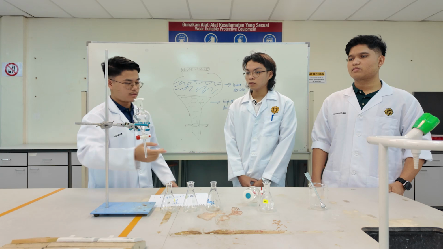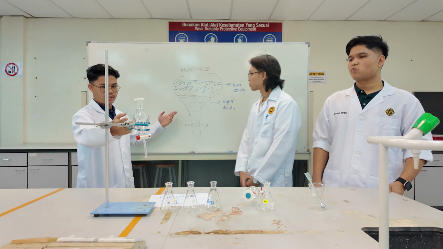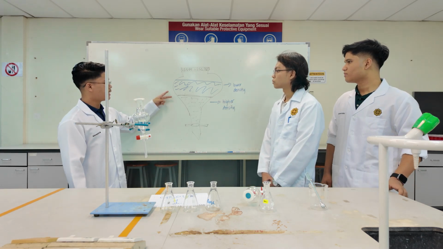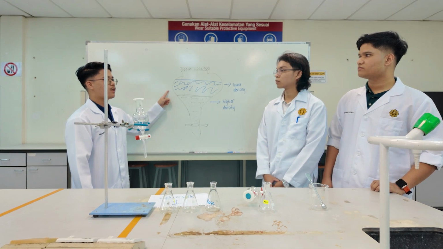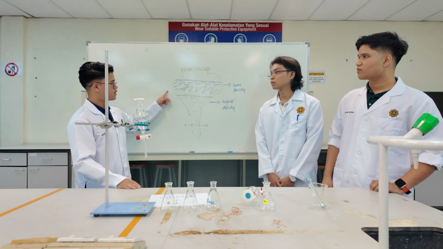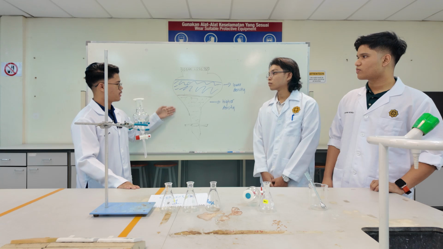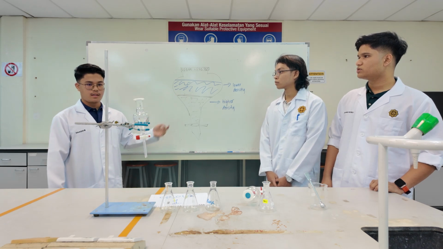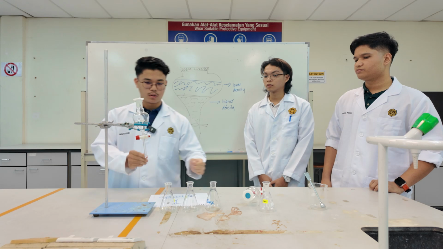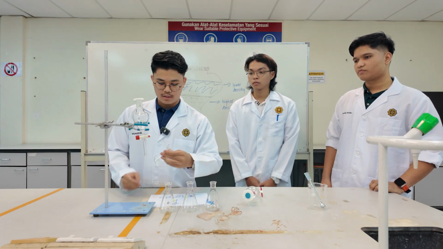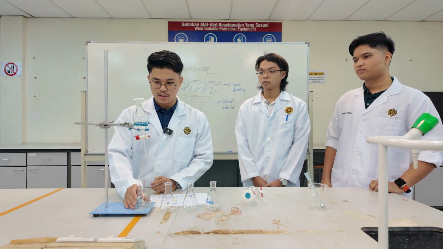After that, we can see there are two layers of liquid, where at the upper is the acid, and at the bottom will be the mixture. So first we extract the mixture.